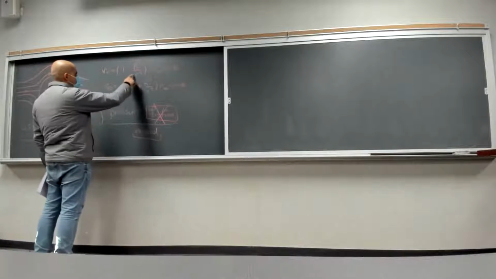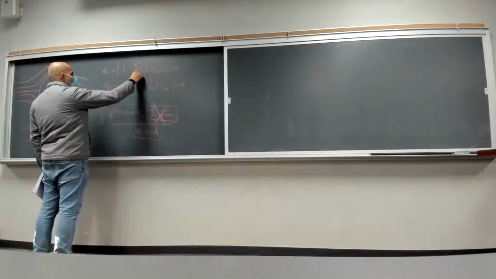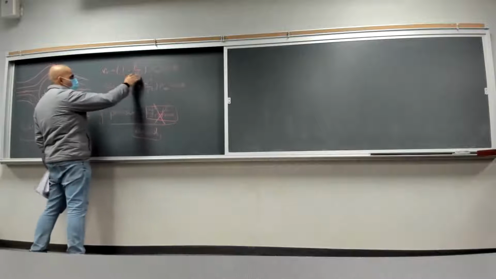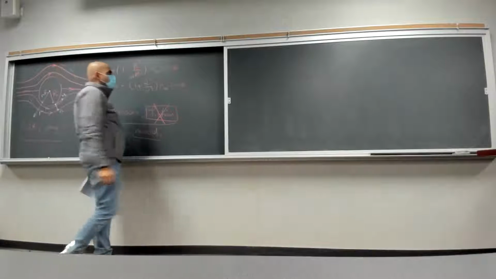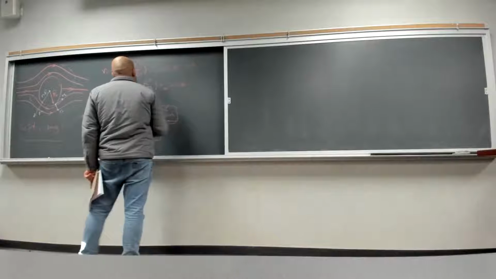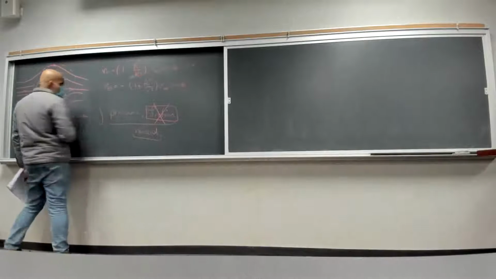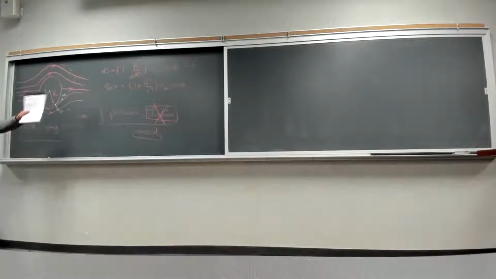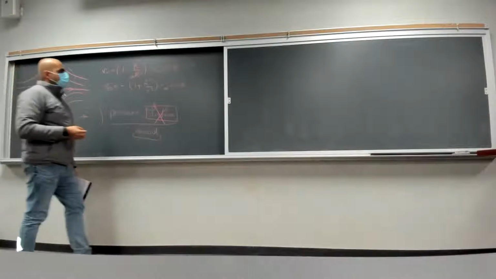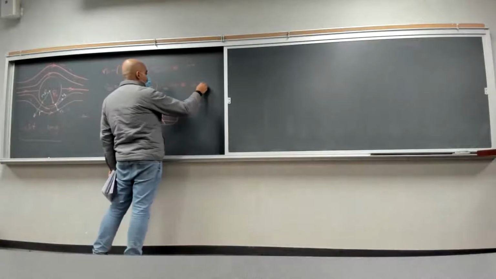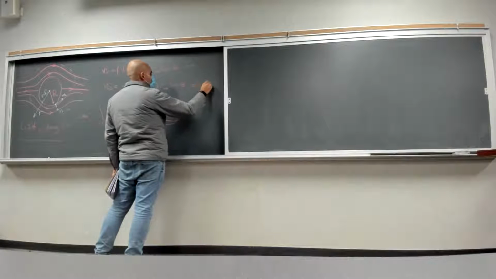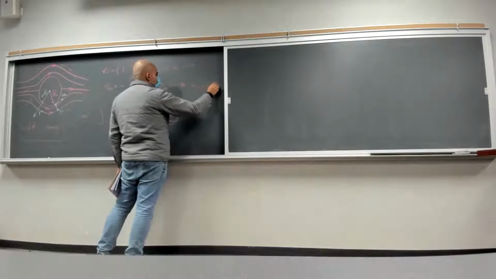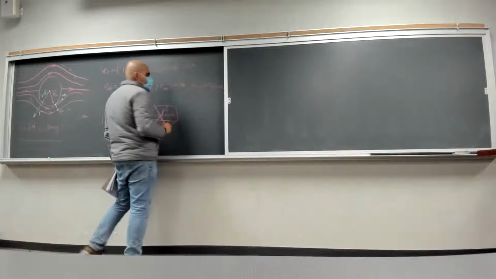If you plug it in here, we get R squared over R squared, which is 1. 1 minus 1 is 0, so Vr is going to be 0. For V theta, if we plug in r, it's going to be 1 plus 1, 2. So we get negative 2 V infinity sine of theta.